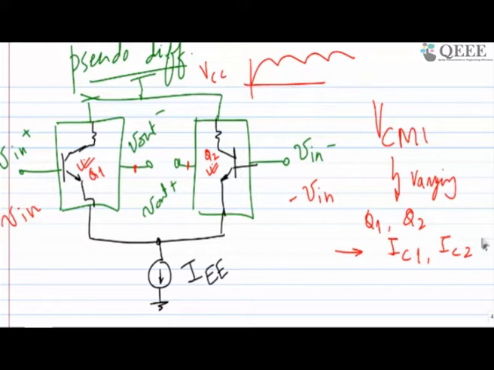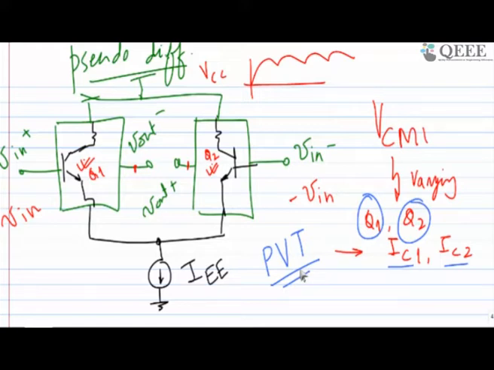Once Q1 and Q2 are both in active mode, there has to be some constant current flowing through IC1 and IC2, and those currents have to be process, voltage and temperature independent. This is what I am expecting.